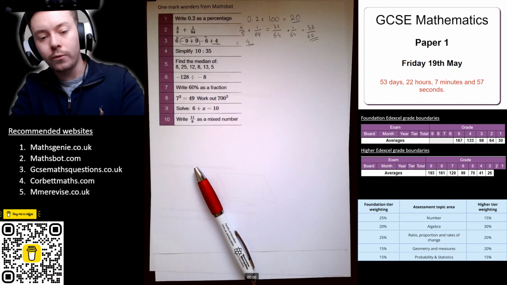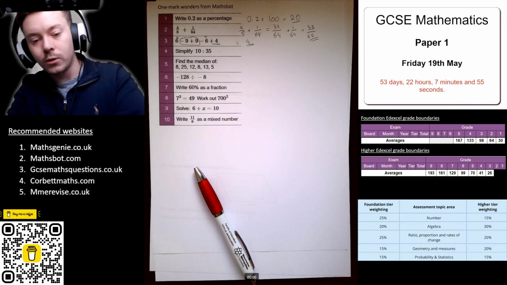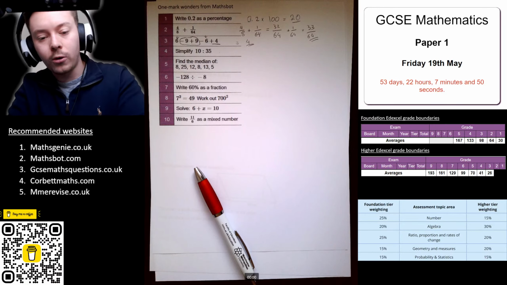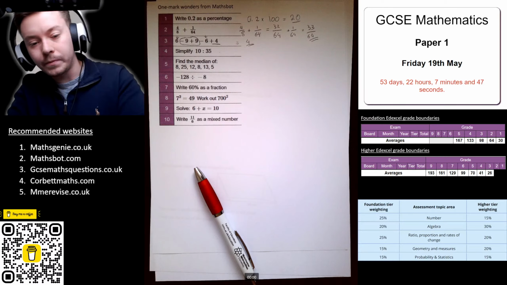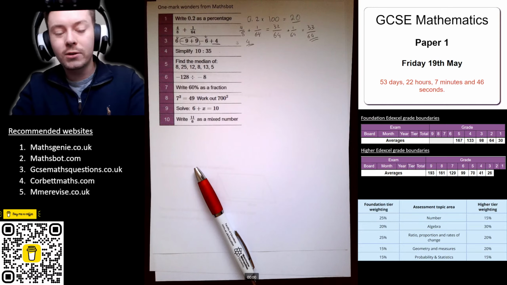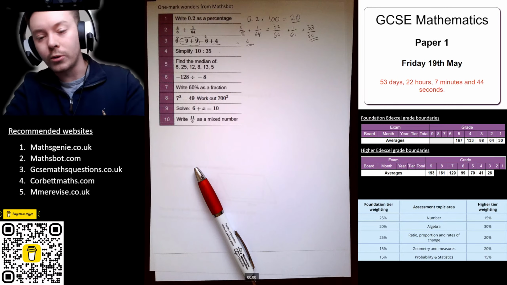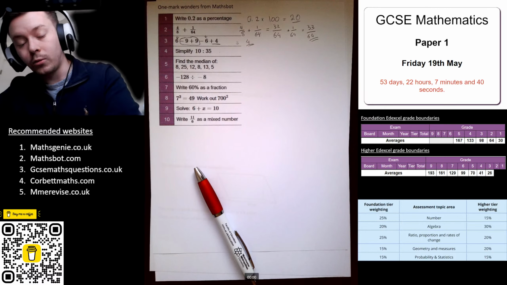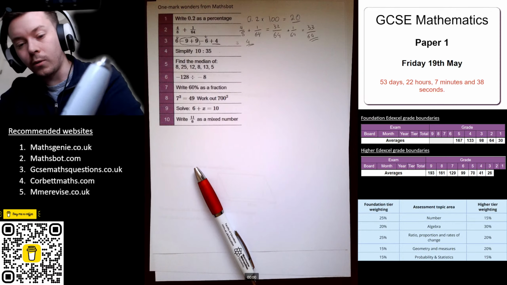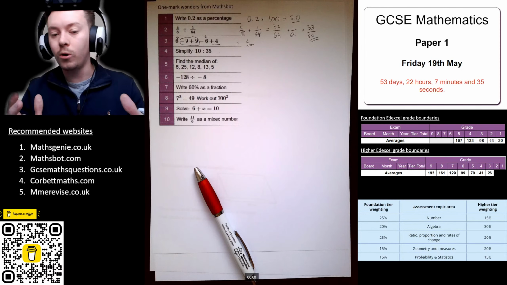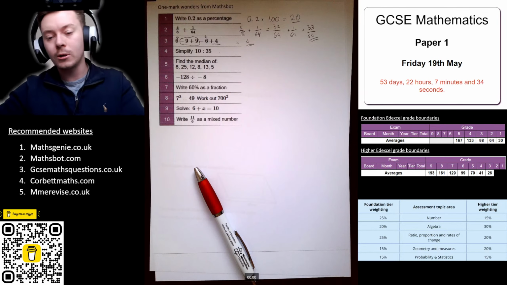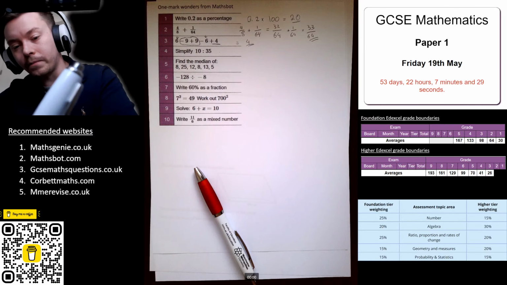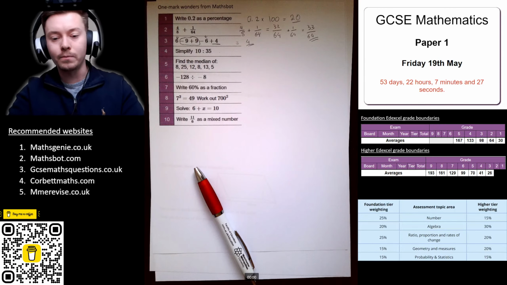So then we cross them off one at either end. 1, 2, and you say that in your head obviously. 1, 2. Now I've got 2 numbers in the middle, so I need to go halfway between those 2 numbers. If you're not sure where halfway is, you add the 2 numbers together, 8 add 12, and then half it. Basically you work out the mean of those 2 numbers. 8 add 12 is 20, and then you half it and you get 10. So that's our median.